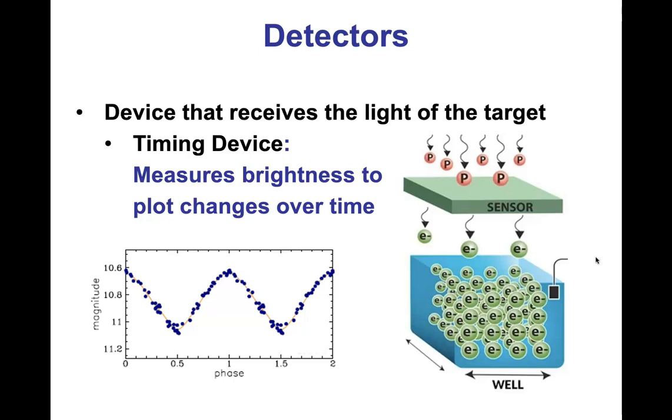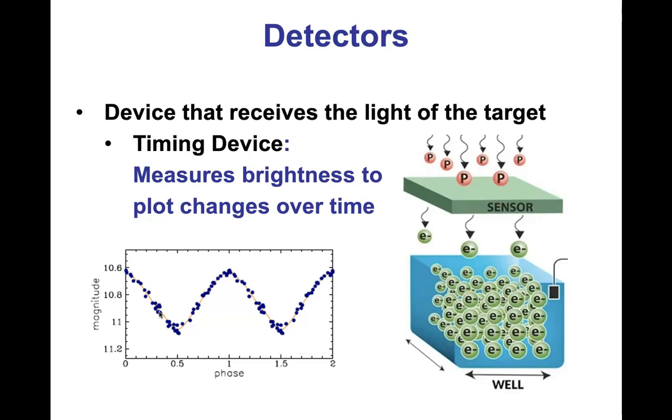Because instead of having to spend all the time downloading an entire image from the CCD camera, now you just point the sensor at a star, the light from the star comes in, it hits the sensor, knocks loose some electrons, the computer reads off the electrons. How bright's that star? How bright is it now? Right?